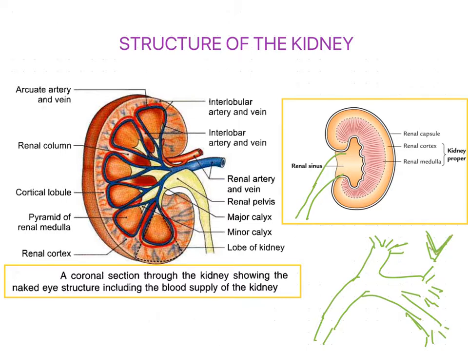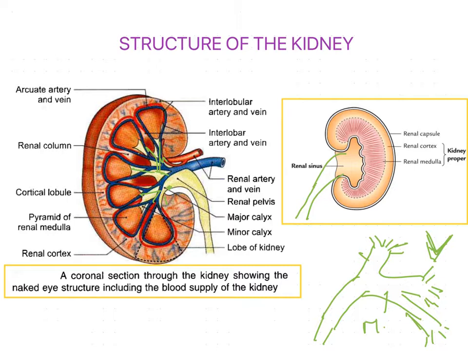Now we will see how the renal papillae are formed. The renal pelvis is divided into 2 to 3 major calyces. Here you can see the major calyces, and each major calyx is divided into minor calyces.